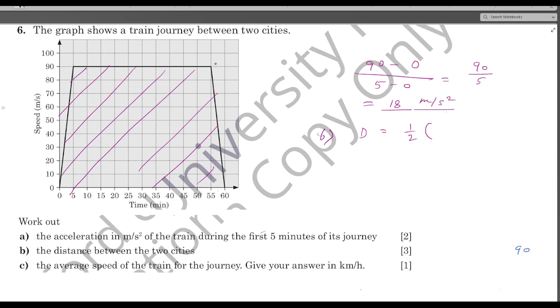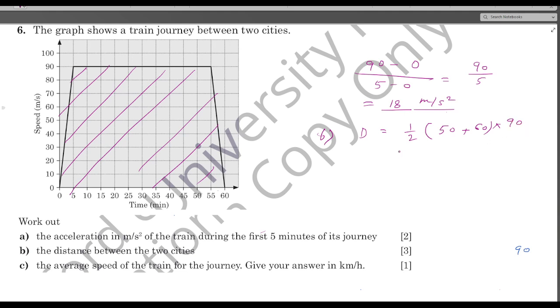One side length is from 5 to 55, which is 50, and the other side length is 0 to 60, which is 60, into the distance between these two parallel lines.